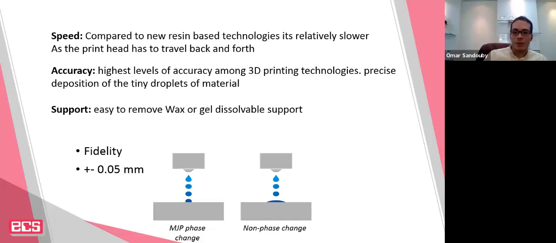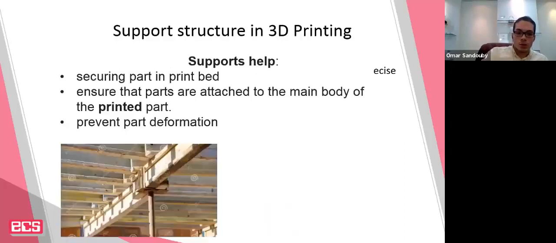The fact that you're using those very precise droplets being jetted from the nozzles allows you to attain a fidelity and accuracy equivalent to 10 microns or so in 1 inch of one part.